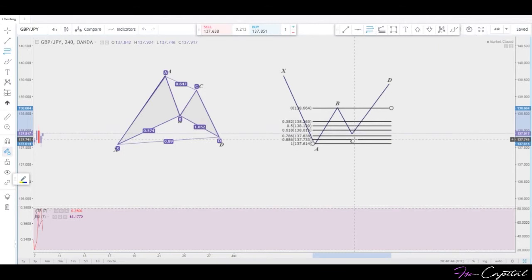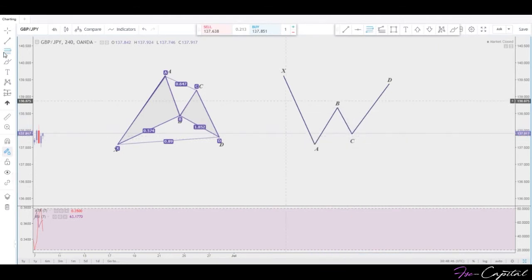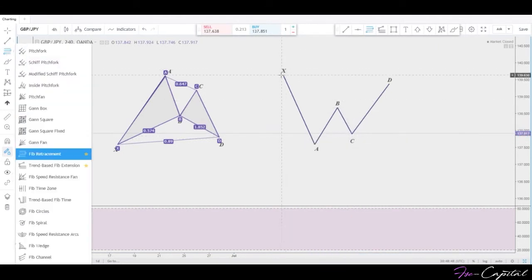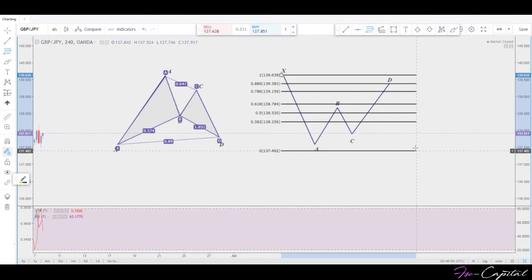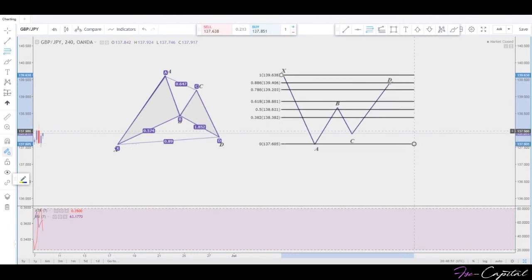Once you've identified that, again you draw your fibs for the completion of the pattern, X to A, and your D completion will be sitting at the 88.6 for a bearish move.